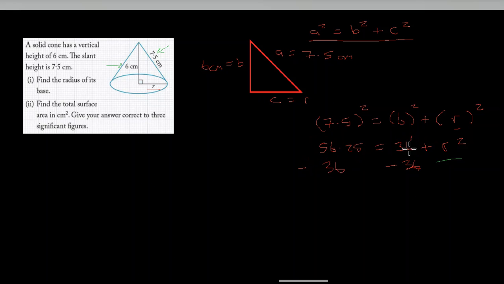So what will happen is these two will cancel out, and then I'm just going to write this over here. So therefore r squared is going to be equal to 56.25 minus 36. What's that equal to?